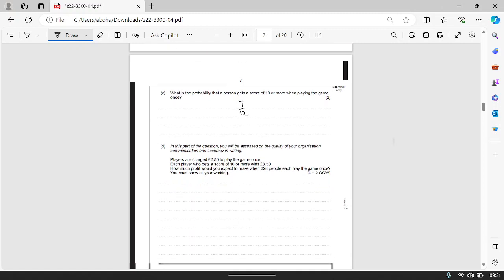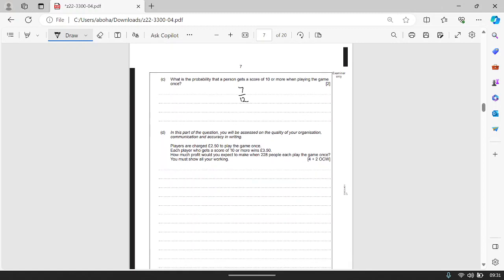And then in this part of the question, you will be assessed on your communication and quality of writing. So the players are charged £2.50 to play the game once. Each player who gets a score of 10 or more wins £3.50. How much profit would you expect to make when 228 people play the game once?